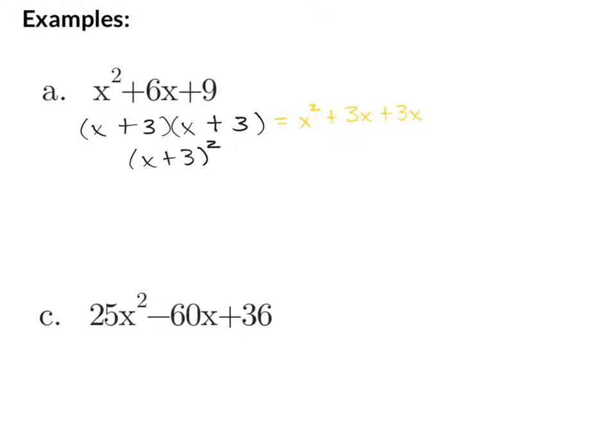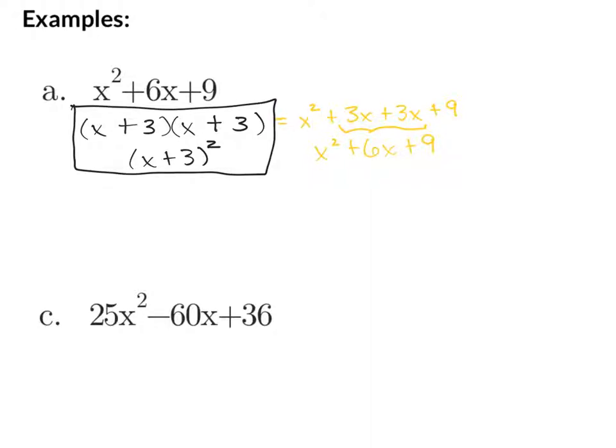And the lasts is 3 times 3 is 9. If we combine our middle terms, we get x squared plus 6x plus 9. So our correct factorization is either one of these two right here.